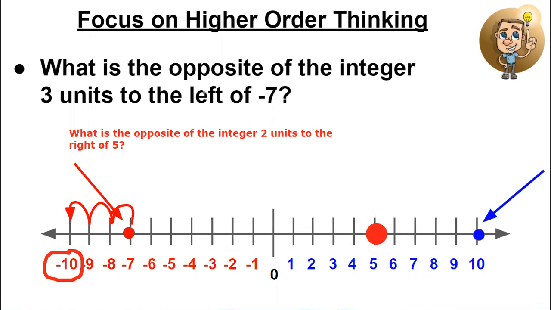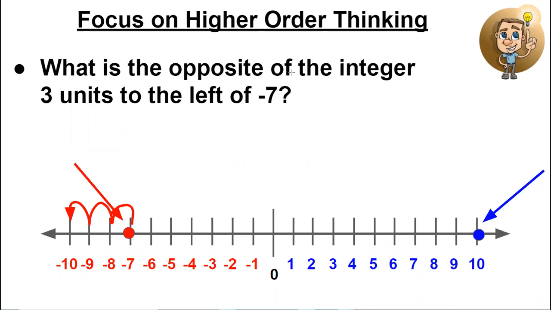Now we gotta work backwards and go 2 units to the right of 5. So 1 unit, 2 units. Now we're on 7 and we have to now graph the opposite of 7. What's the opposite of 7? Right back here at -7. Okay, so that's just another example for you. Okay, let's move on a little.